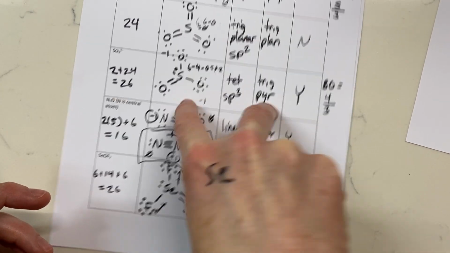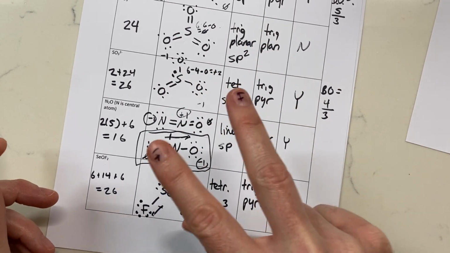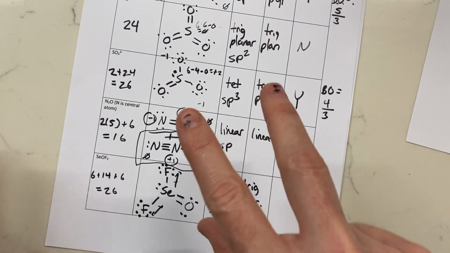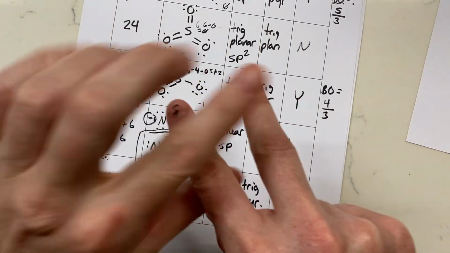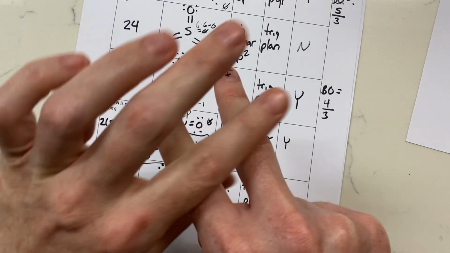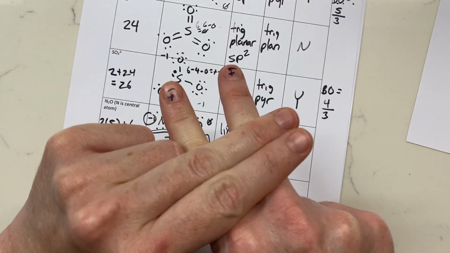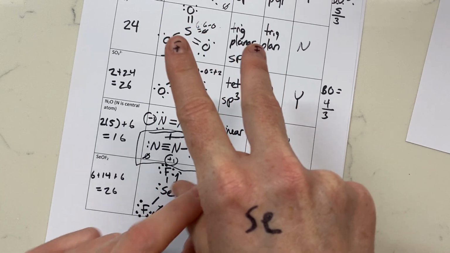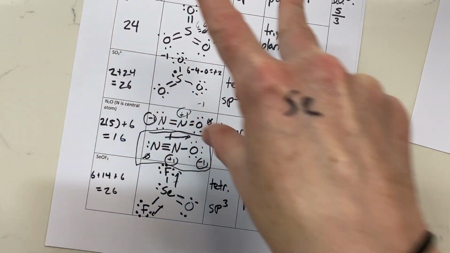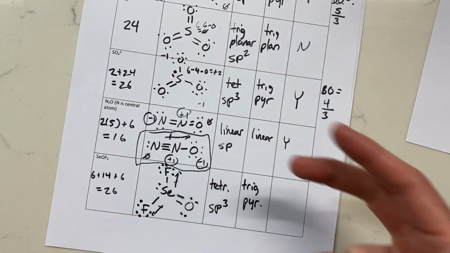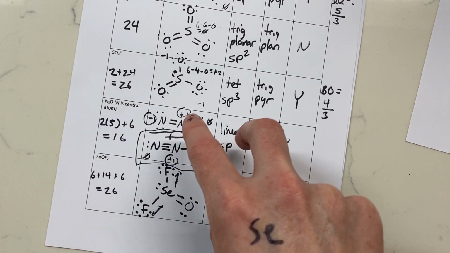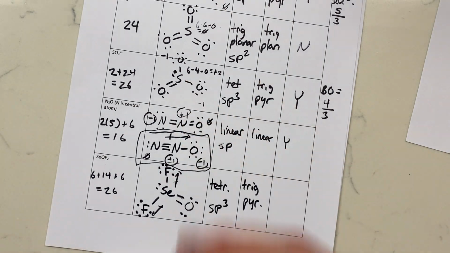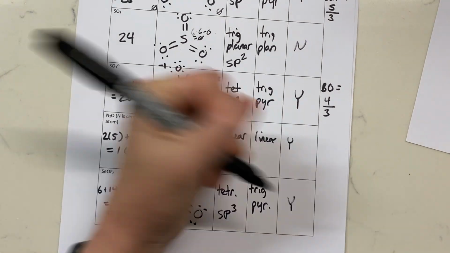The fluorines are the most electronegative, meaning they love electrons, so these guys are pulling all the electrons, like a game of tug of war, and oxygen's not pulling as hard. If these two are pulling this way, then selenium's moving. The question is always going to be, is the atom that you're looking at actually moving? And yes, it would be, and that's why this is polar.